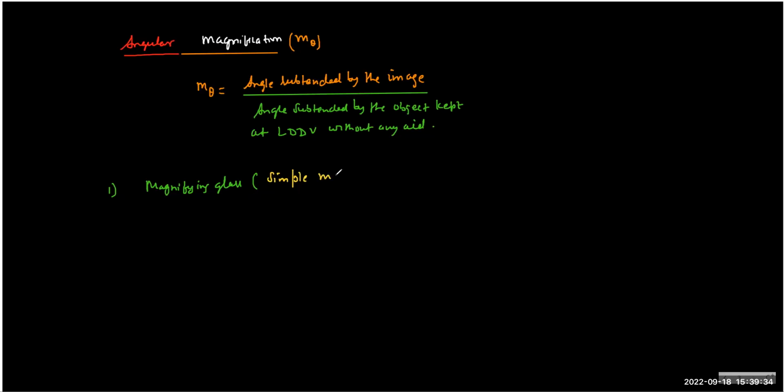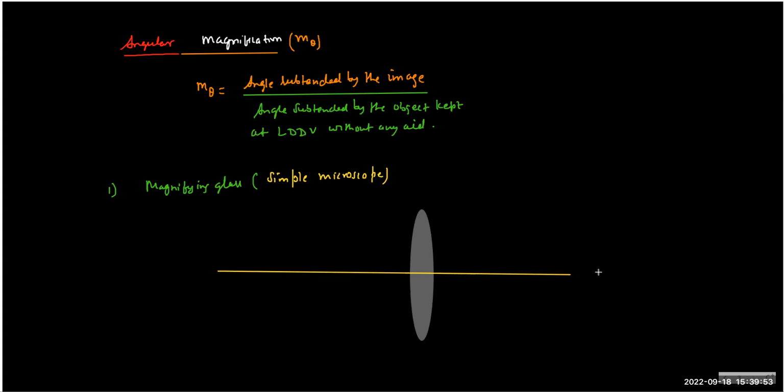We all know that the very famous convex lens acts as a simple microscope, isn't it? So for that, you need to remember the ray diagram of the simple microscope, or don't call it by a name, just call it a convex lens.